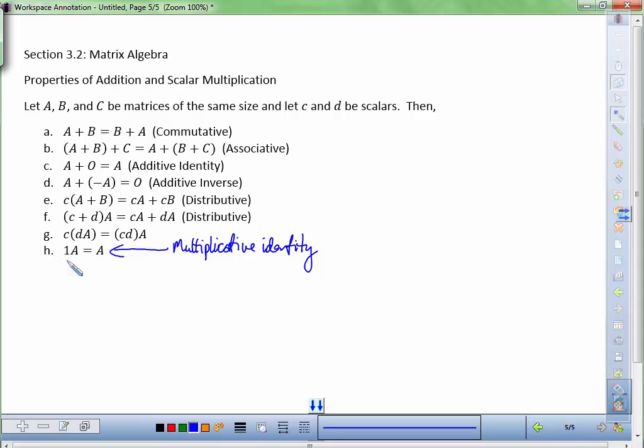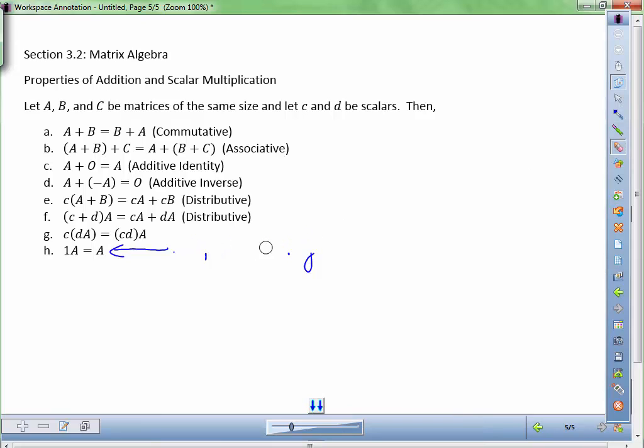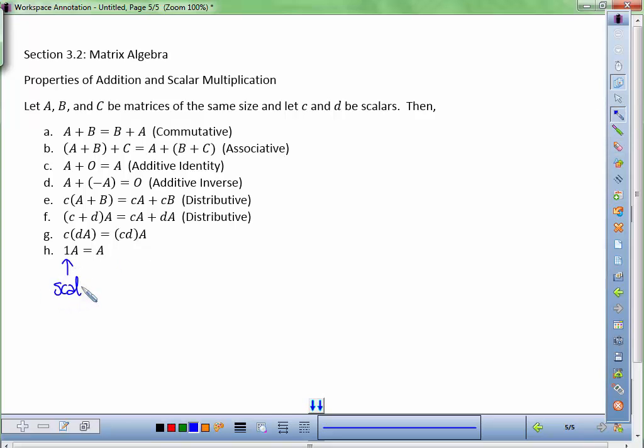And when there's a 1 in front of the matrix A, it's understood that that's, oh, I'm sorry, that's a scalar. Sorry, let me erase this because that's not the multiplicative identity. The multiplicative identity is multiplying it with an identity matrix, and that's not the identity matrix. This is a scalar one. Okay, so these are some of the basic properties for matrices.